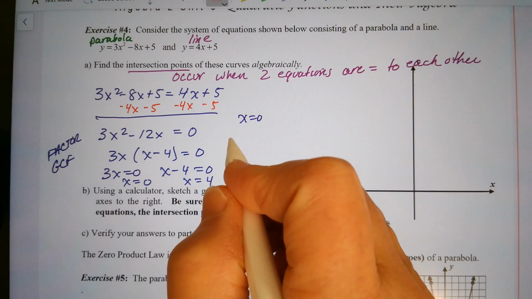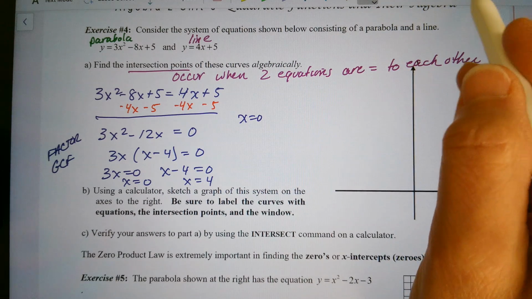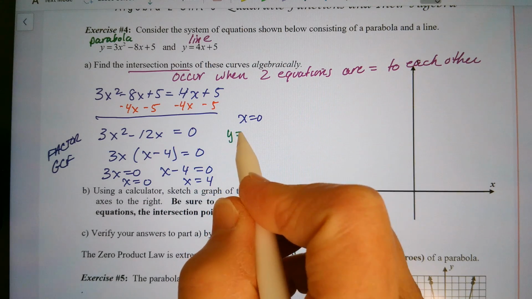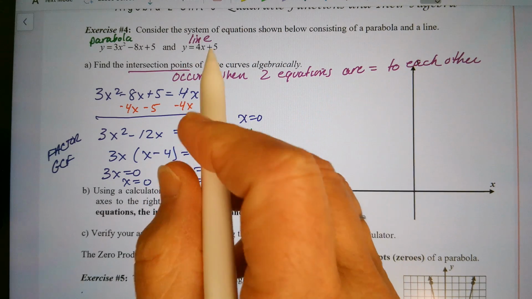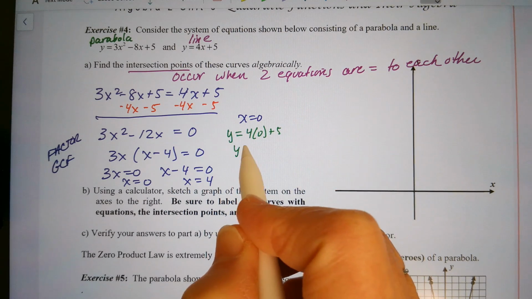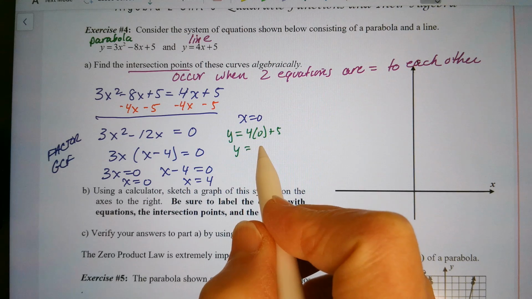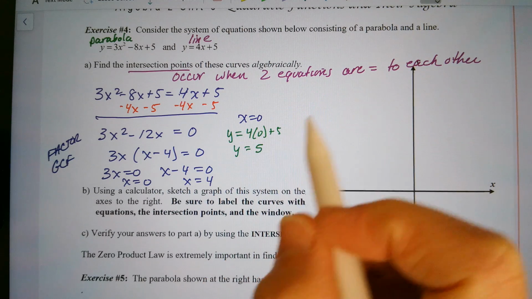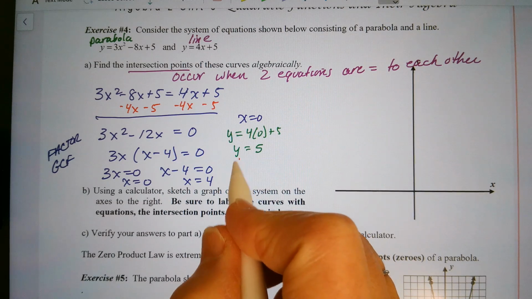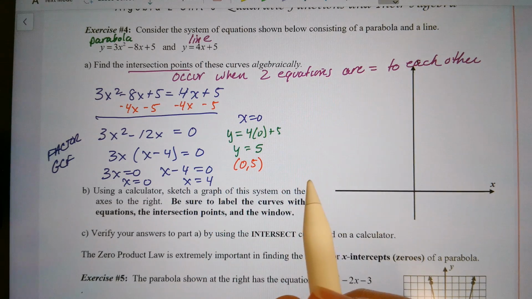And when x equals 0, y is equal to 4 times 0 plus 5. We substitute 0 in for x. So y equals 5. So this is the ordered pair. Our solution here would be the ordered pair, 0, 5, right? X, y value.